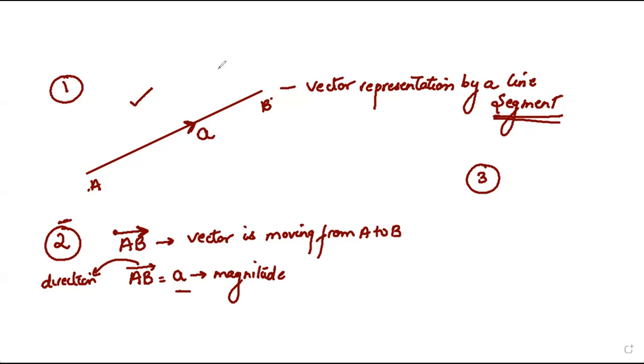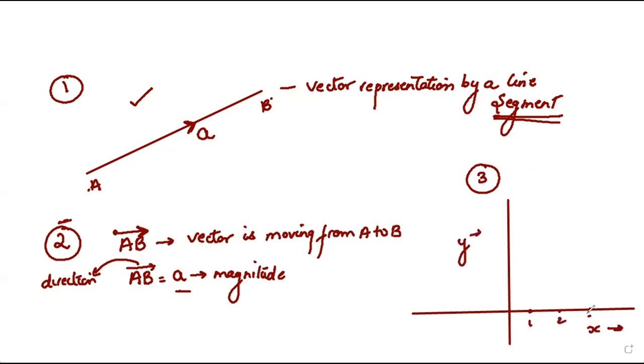Simple. You have definitely studied graphs. We know that this is the x axis, this is the y axis. On the x axis, suppose it's 1, 2, 3, 4. This is 1, 2, 3, 4.